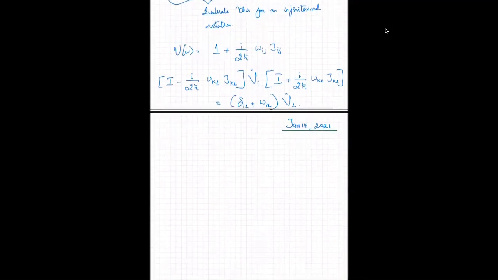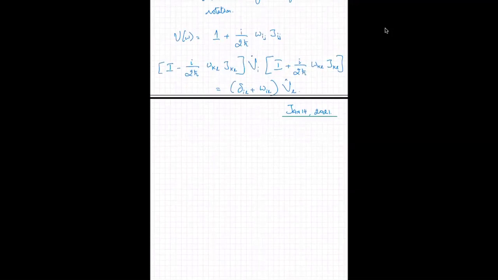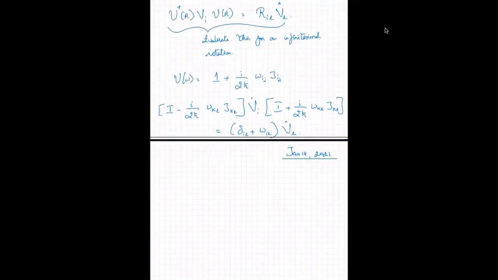So our goal is to translate this equation, U dagger V_i U equals R_il V_l, which is valid for any finite rotation. We want to understand what this equation means if the rotation that we are doing is an infinitesimal rotation by a very small angle.